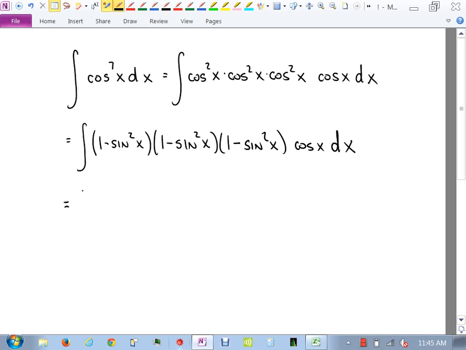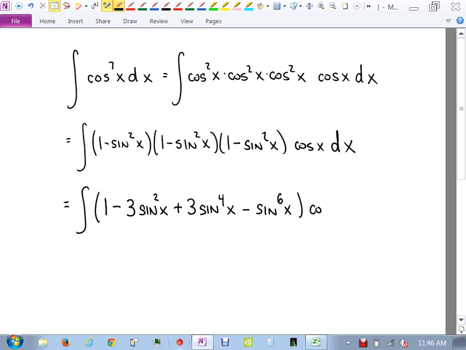Which would turn out to be, without me showing all the work, it should turn out to be 1 minus 3 sine squared x plus 3 sine to the 4th x minus sine to the 6th x cosine x dx.